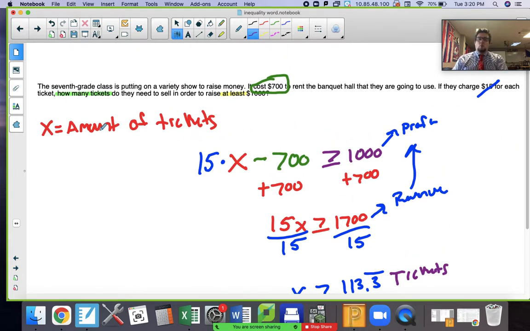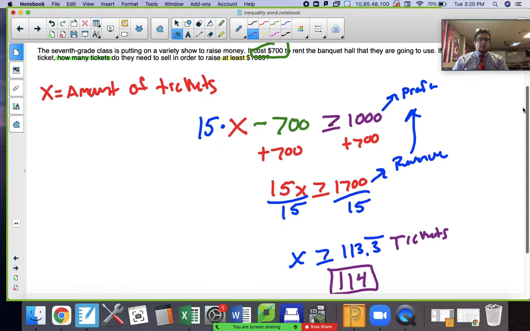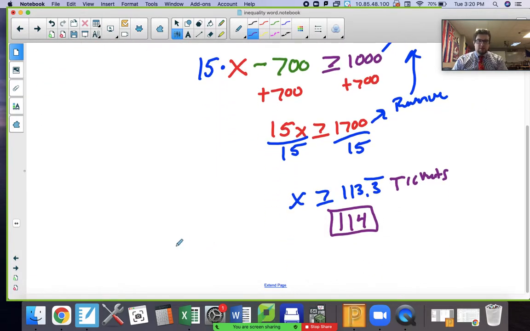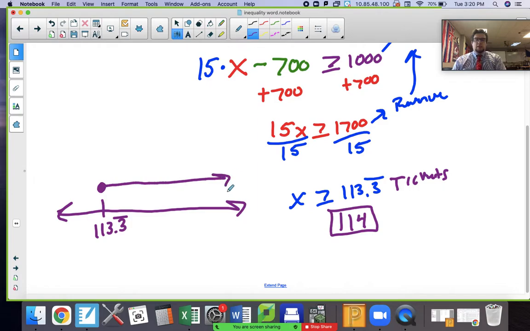Because we only had one unknown, I only needed one inequality, which led me to one answer that I can put on one number line. So here's 113.3 repeating. It is a closed circle, and I need all the numbers bigger than it.